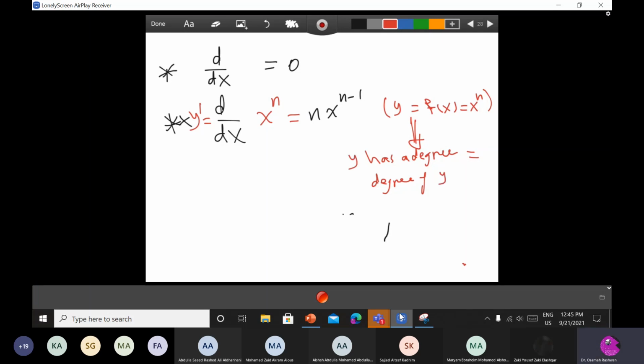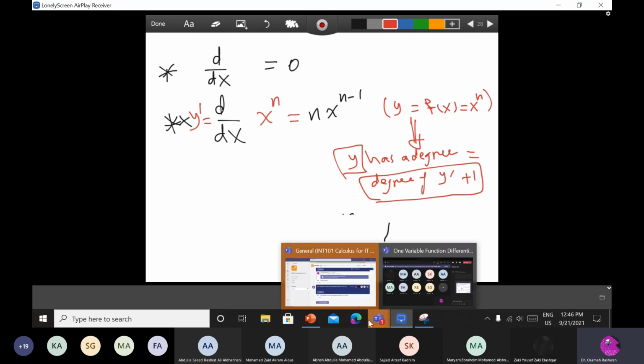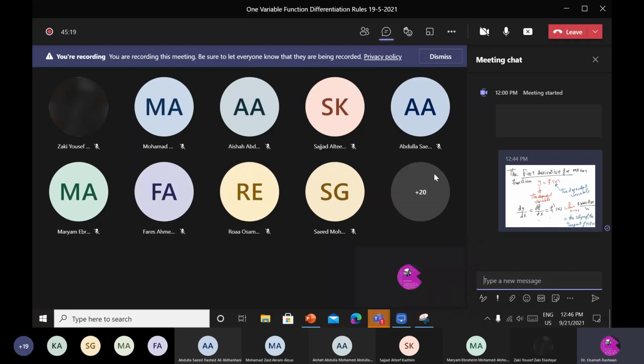So y has a degree of y dash plus 1. So the original function has a degree plus 1 compared to this one, right? Okay.